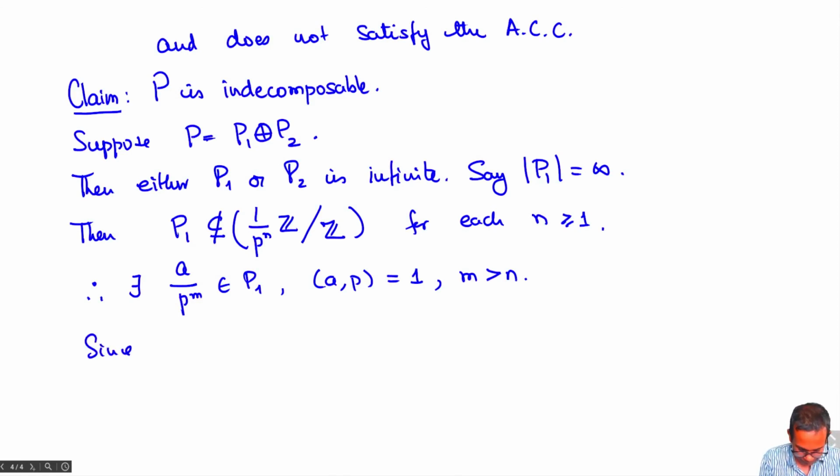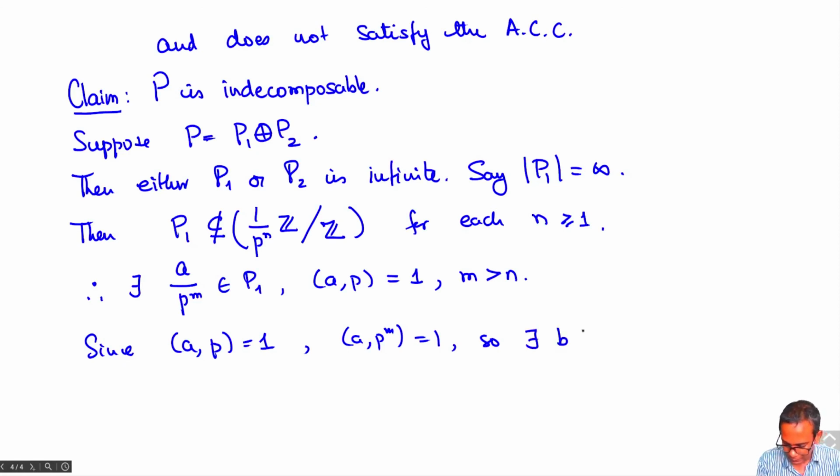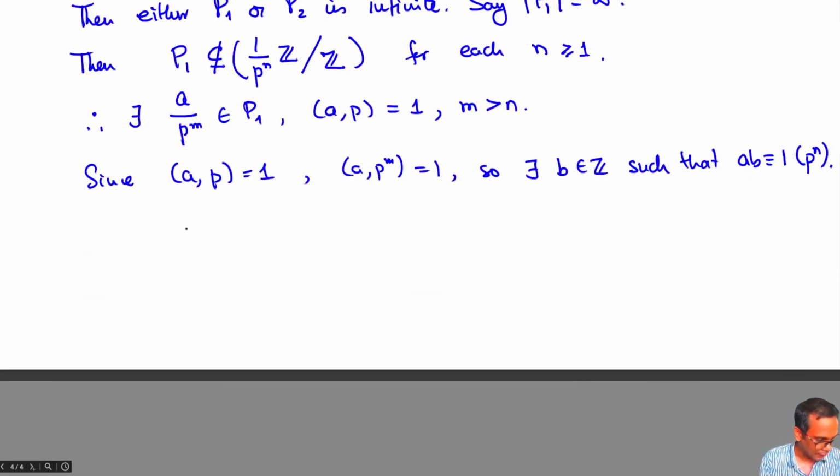Since the GCD of A and P is 1, the GCD of A and P to the m is also 1. So there exists an integer B such that AB is congruent to 1 mod P to the m.